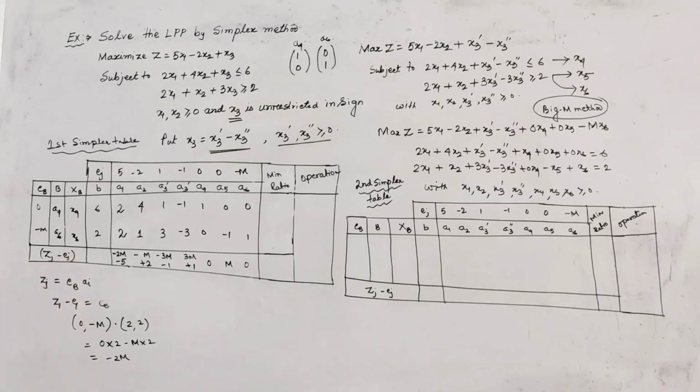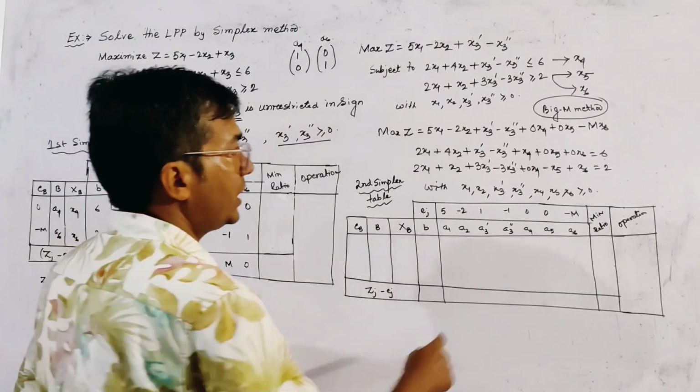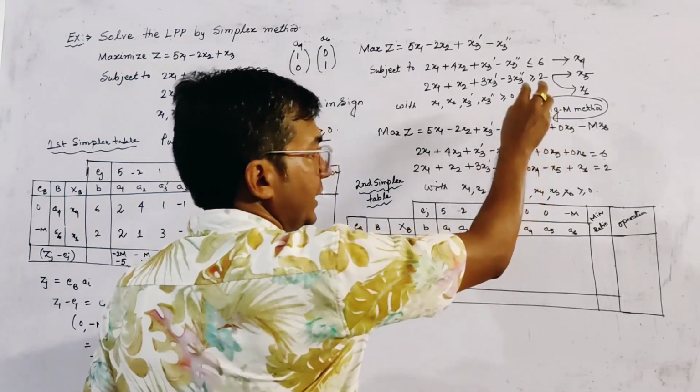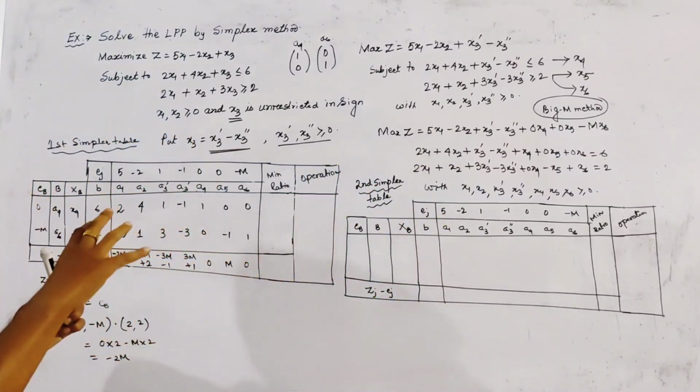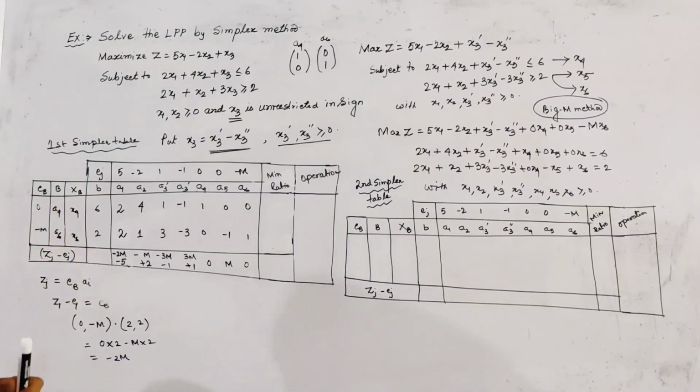Okay, now we have to find the most negative net evaluation. What is the most negative net evaluation? Already we said here M is big, that is, M is a big real number.